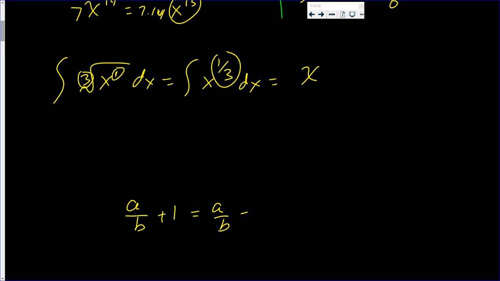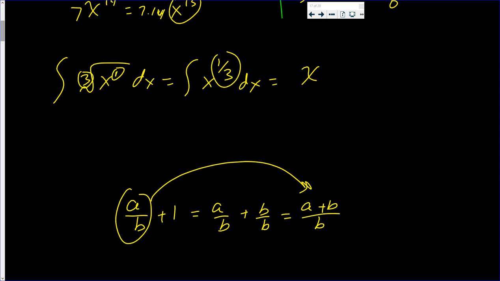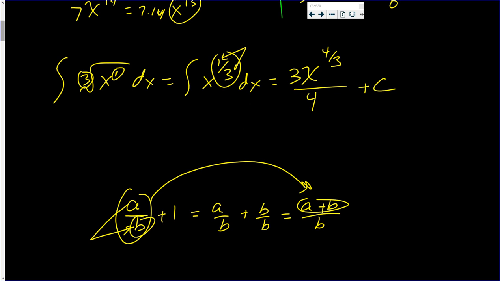The numerator is a plus b, and we keep the same denominator. I add the 1 and the 3, I get 4, and I keep the same denominator. And I also divide by that number. 4 over 3 plus a constant.